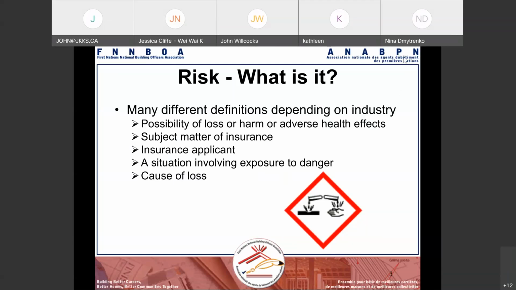It's a situation, exposure to danger. For example, the symbol down below means high risk. You see these symbols, and this symbol here is for corrosion. So there's some acid. Basically, if you get it on your hand, you're going to hurt yourself. It can be a cause of loss.